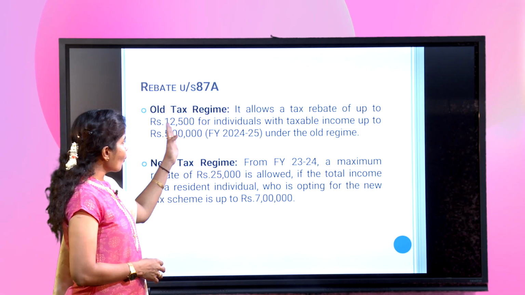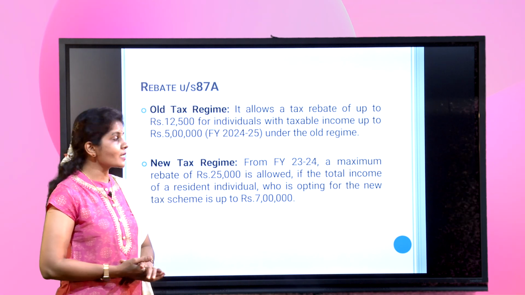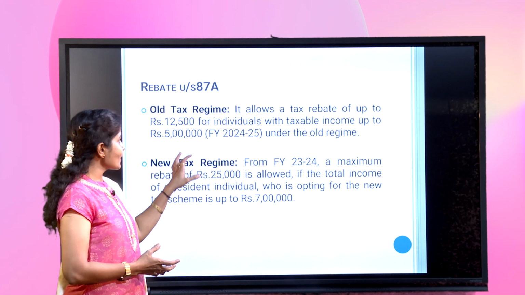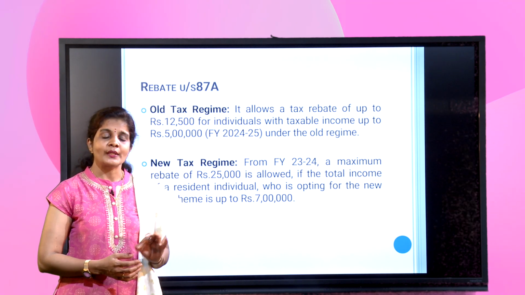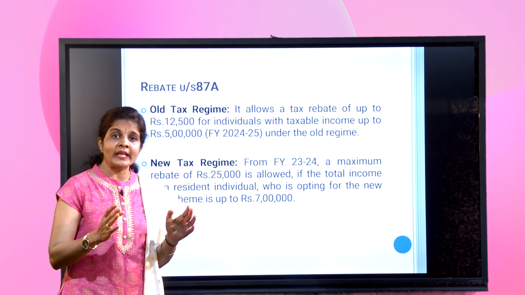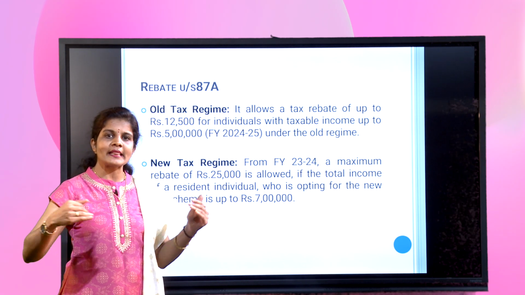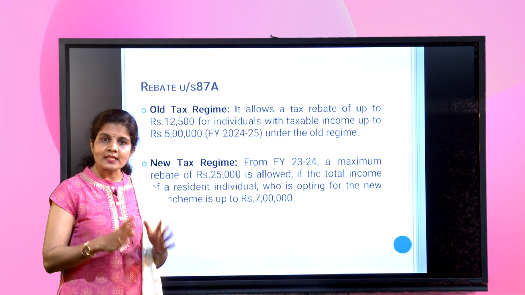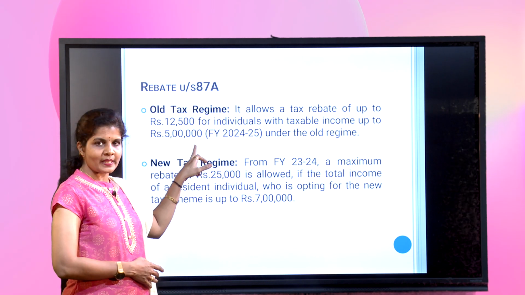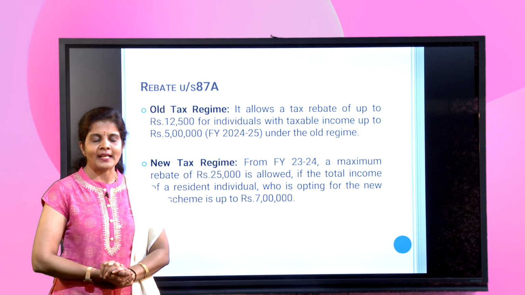First, under the old tax regime, the tax rebate is allowed for an individual up to 5 lakh rupees of taxable income, after giving all the deductions, in the financial year 2024-25.